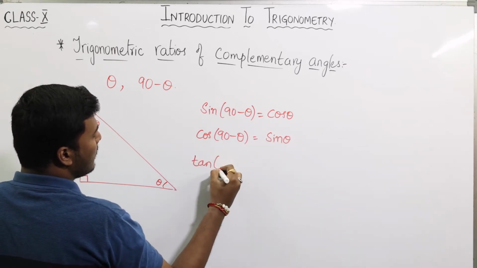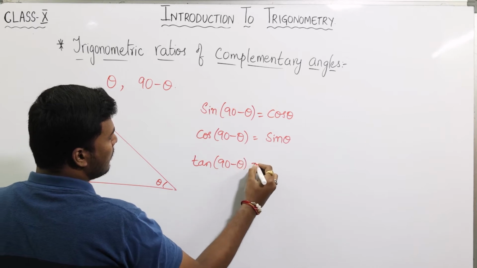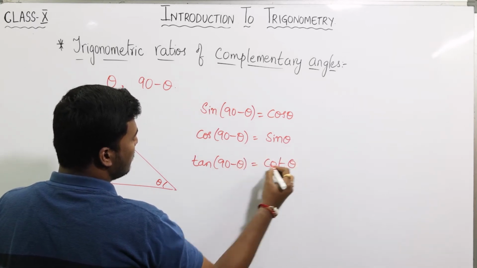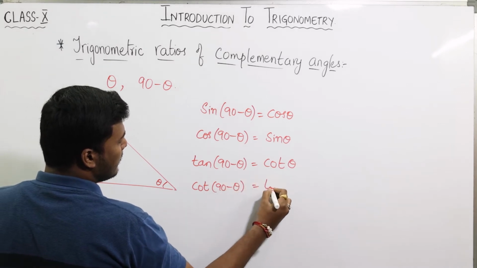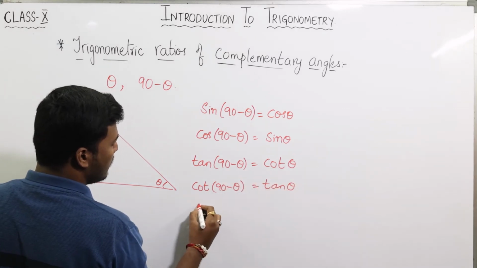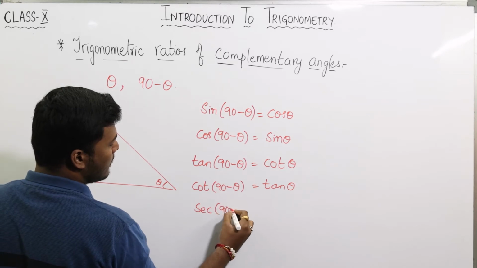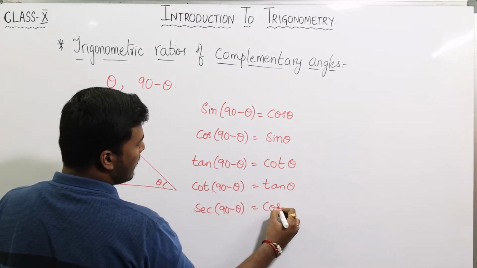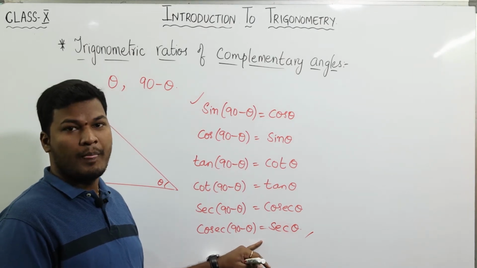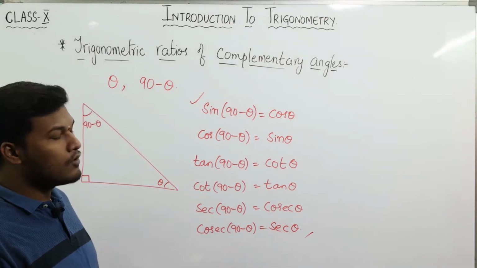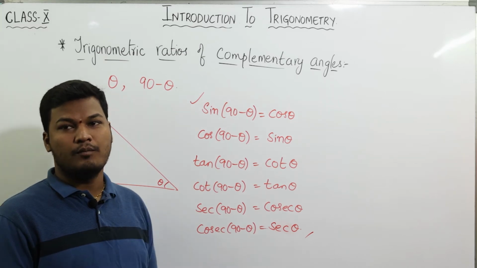Tan 90 minus theta equals cot theta. Cot 90 minus theta equals tan theta. Secant 90 minus theta equals cosecant theta. Cosecant 90 minus theta equals secant theta. So we will be using the 6 trigonometric complementary angles for solving problems.